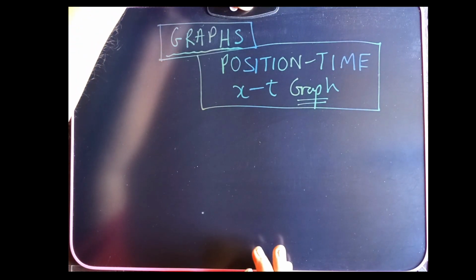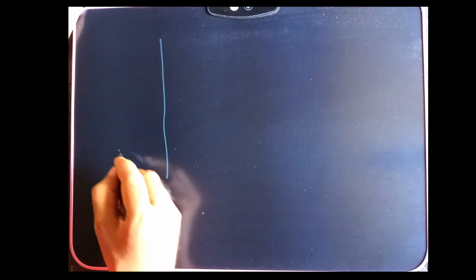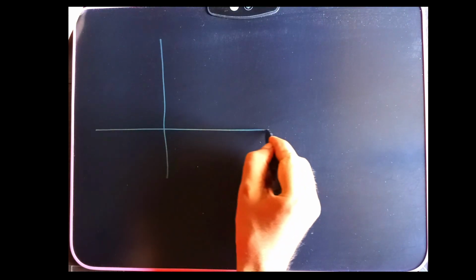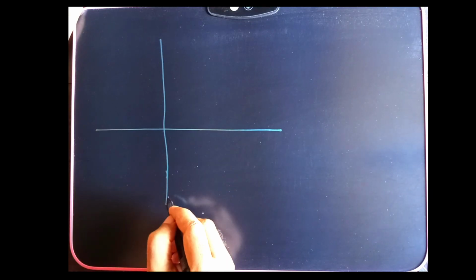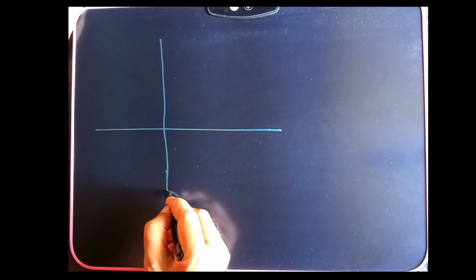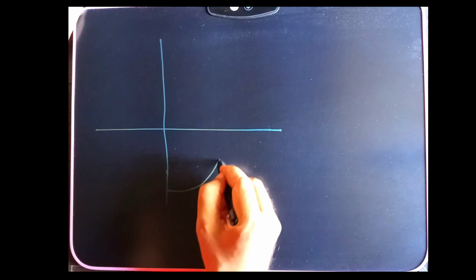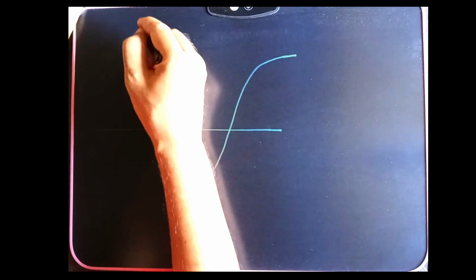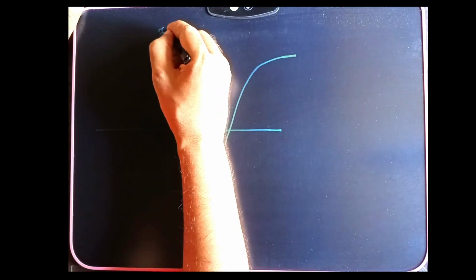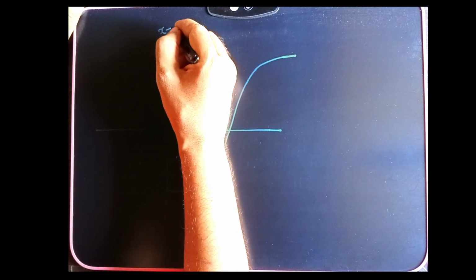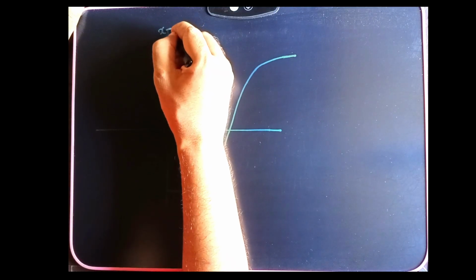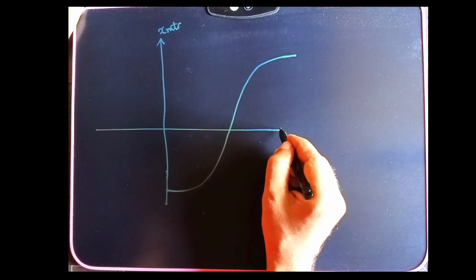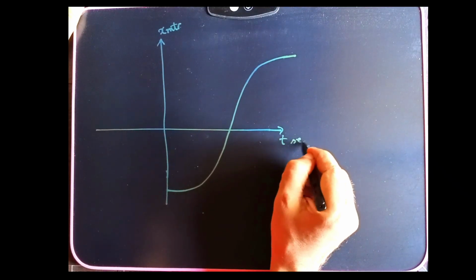I'll clear this. So let us draw a graph first. We'll take a sample graph. This is a sample graph. This shows the position and this shows the time in seconds.